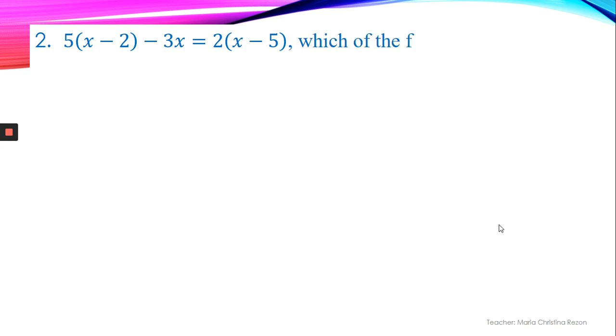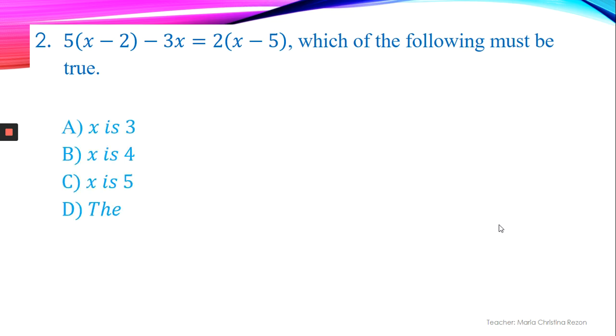5 times the quantity of x minus 2 minus 3x is equal to 2 times the quantity of x minus 5. Which of the following must be true? Letter A, x is equal to 3, B, x is 4, C, x is 5, or D, the equation is true for all values of x.